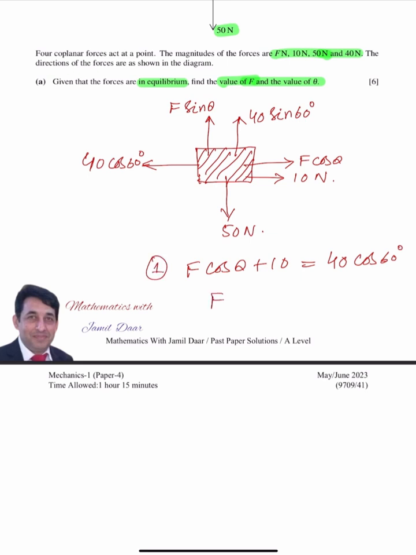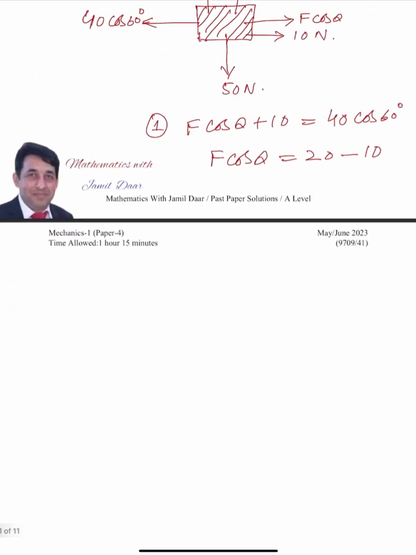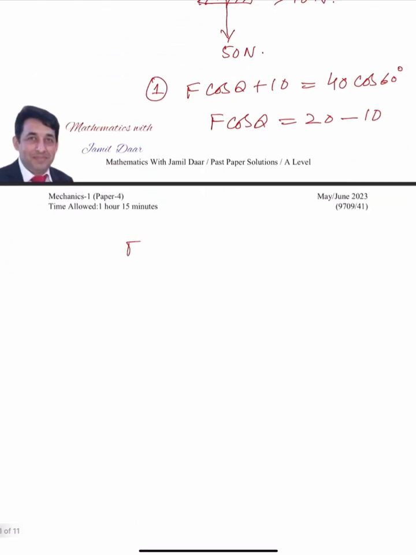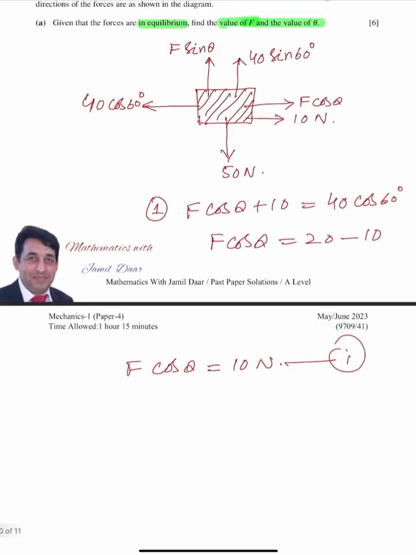So F cos theta is equal to 40 cos 60; using the calculator this is 20, and 10 will be subtracted. So F cos theta is equal to 10 Newton. So you got the first one.